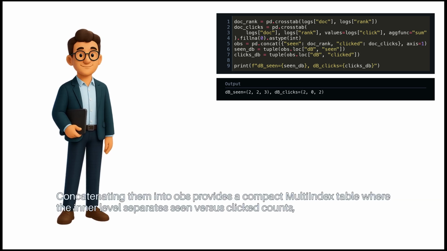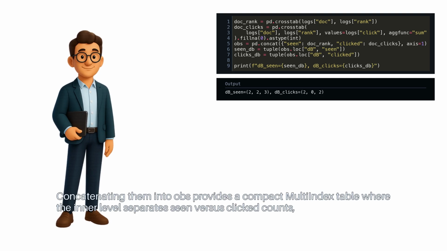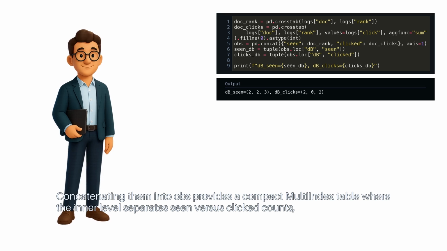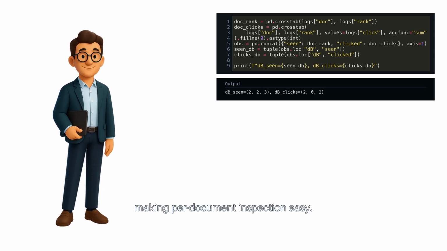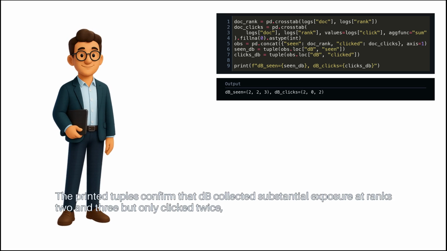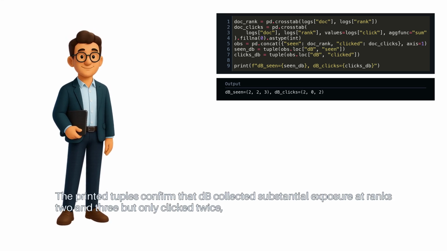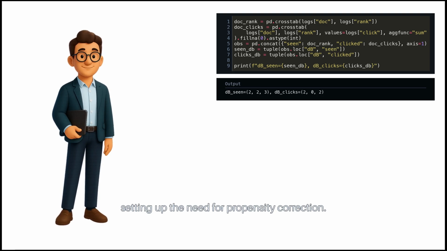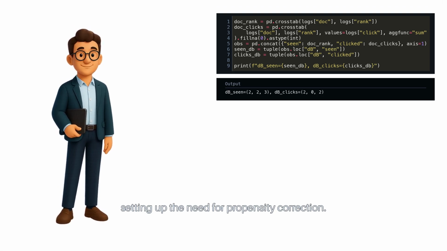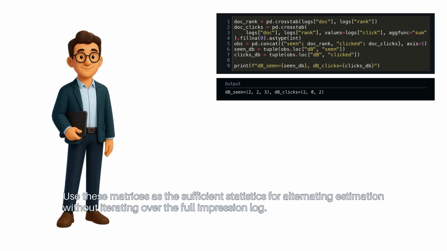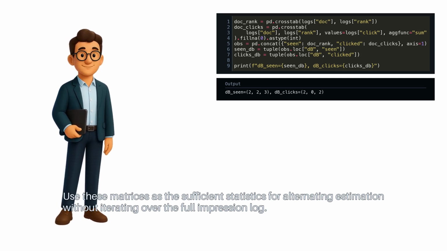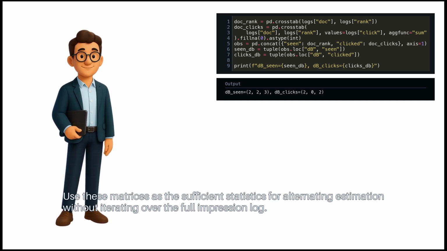Concatenating them into a Z provides a compact multi-index table, where the inner level separates seen versus clicked counts, making per document inspection easy. The printed tuples confirm that DB collected substantial exposure at ranks 2 and 3, but only clicked twice, setting up the need for propensity correction. Use these matrices as the sufficient statistics for alternating estimation, without iterating over the full impression log.